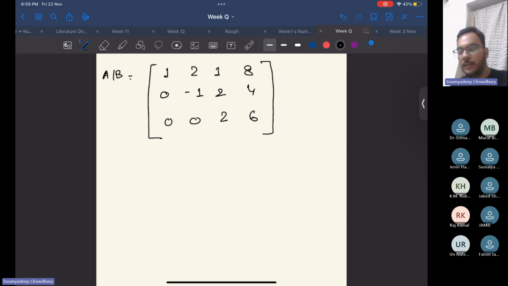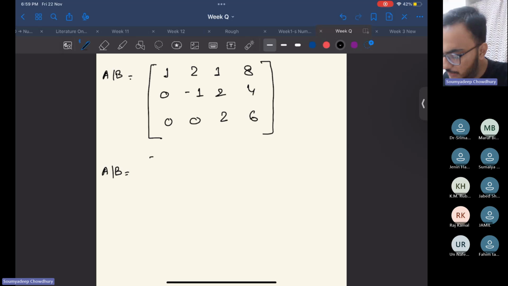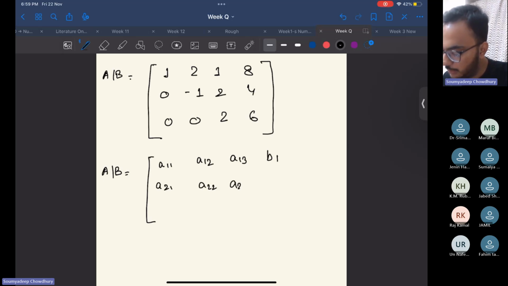So now like we did here 2z equals 6, but how to do it in MATLAB, because we need to have a generalized formula for this. So what we do is we take a general matrix. Say A slash b is a11 a12 a13 b1, a21 a22 a23 b2, a31 a32 a33 b3.